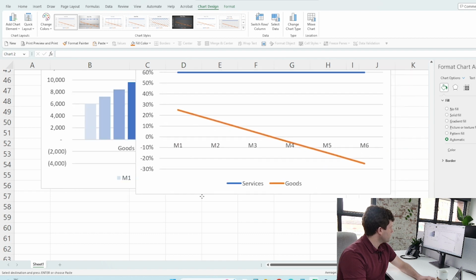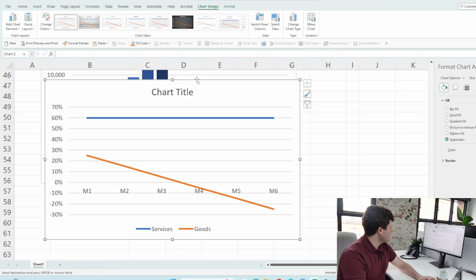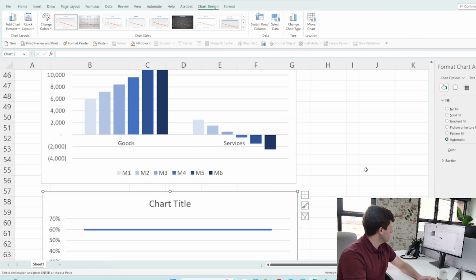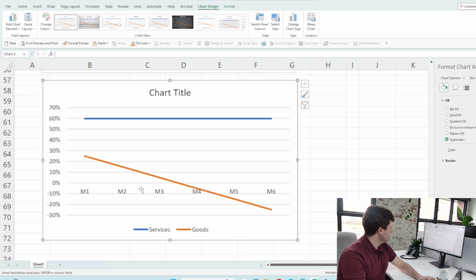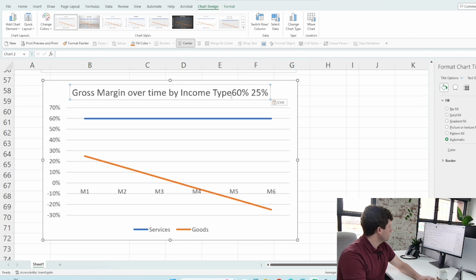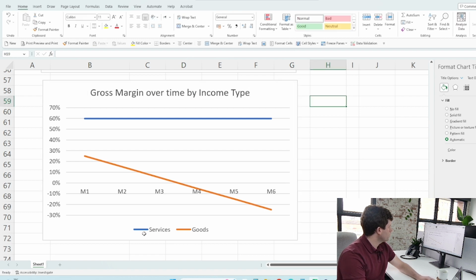In fact, let's get it underneath. And you'll see here we've got the gross margin staying constant for our services, but the gross margin reducing significantly for our goods.